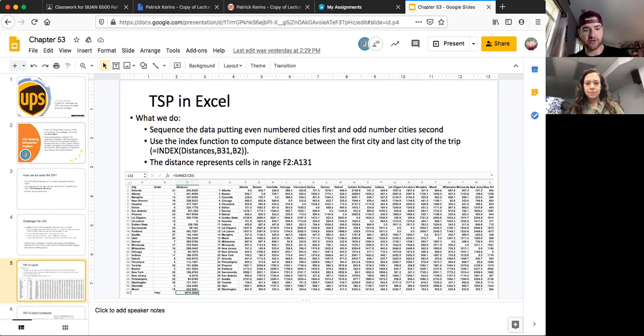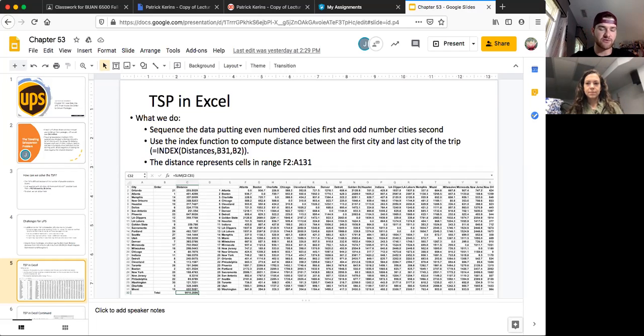With that being said, we also allocated a number 1 through 30 to each city, Orlando through Miami. We then used, for the first column C2, I'm sorry, we used the formula equals INDEX with distances being the matrix as I referenced before, from F to AI31, B31 to B2, because it was the distance between the first city and the last city.